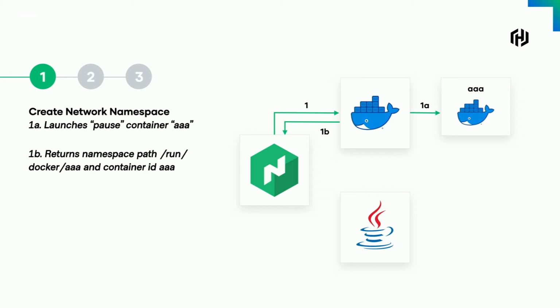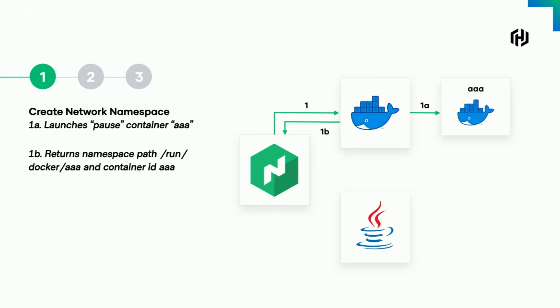So this is what happens. When we create the network namespace, Nomad detects that it's got a driver that must initialize the network namespace. I call this the Docker bit because Docker is really the only driver that requires this. When it detects that it's running a workload that involves Docker, it needs to create the network namespace through the Docker driver. So the Docker driver will launch a pause container with a container ID, and it will return that container ID as well as the network namespace path, since we can get that from Docker's API.